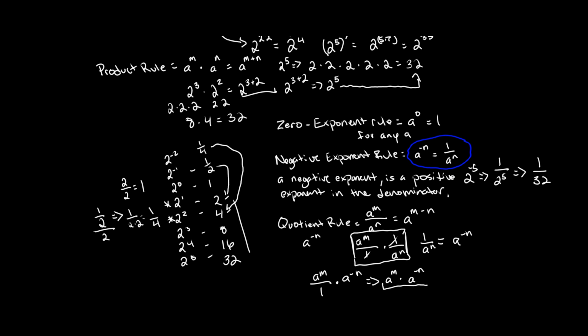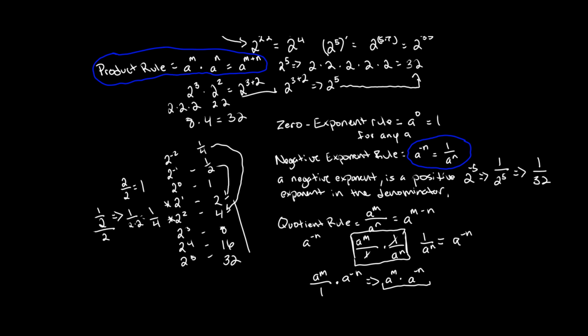This format here looks very similar to our product rule up top. And remember, our product rule, I'm going to put a circle around it again, just to remind you, is a to the m times a to the n is equal to a to the m plus n, right?